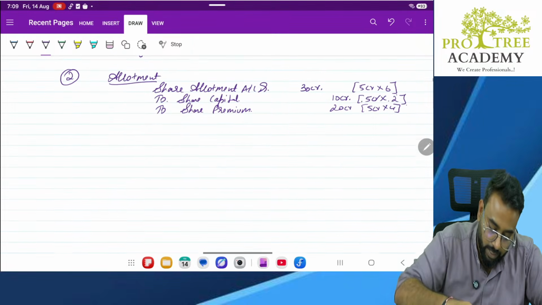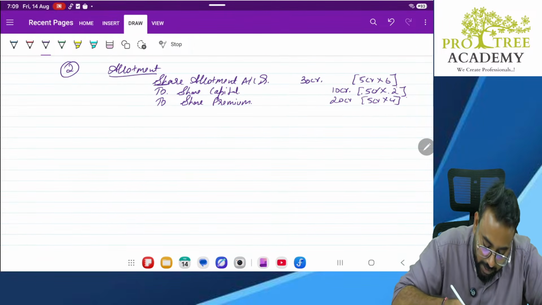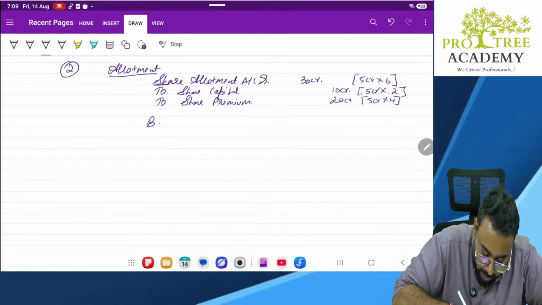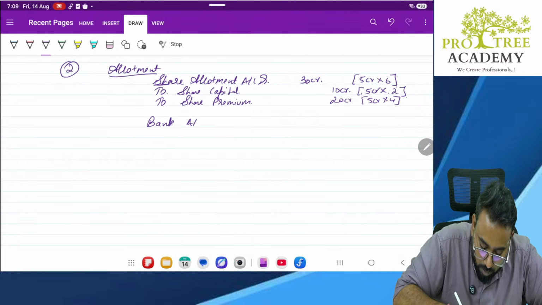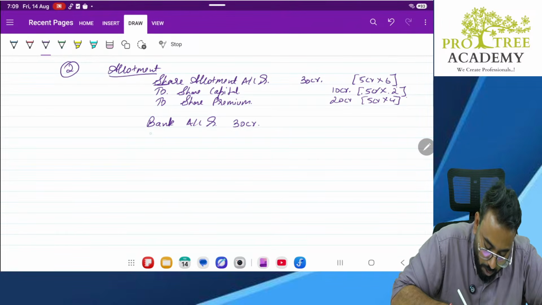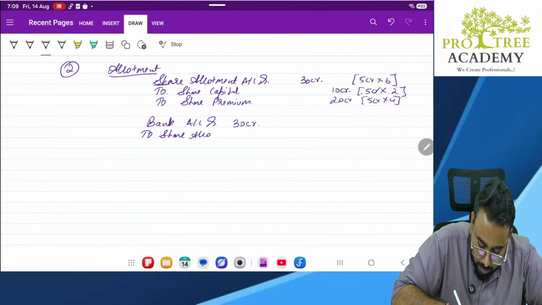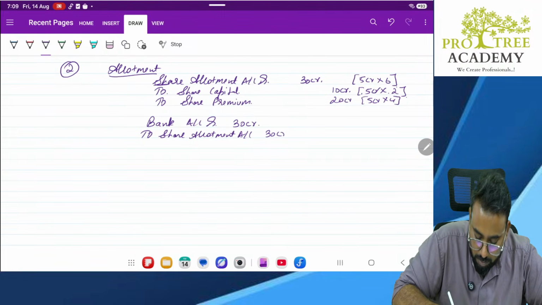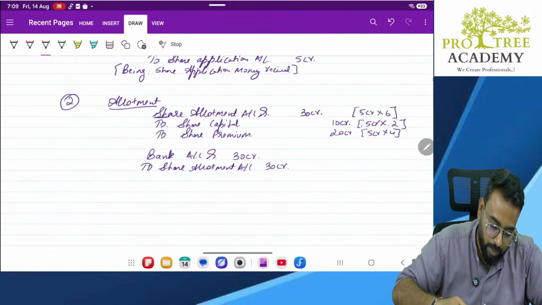Clear? Next, should we receive this money? Yes, we will receive this money. What is the entry? Bank account debit 30 crores to share allotment account 30 crores.